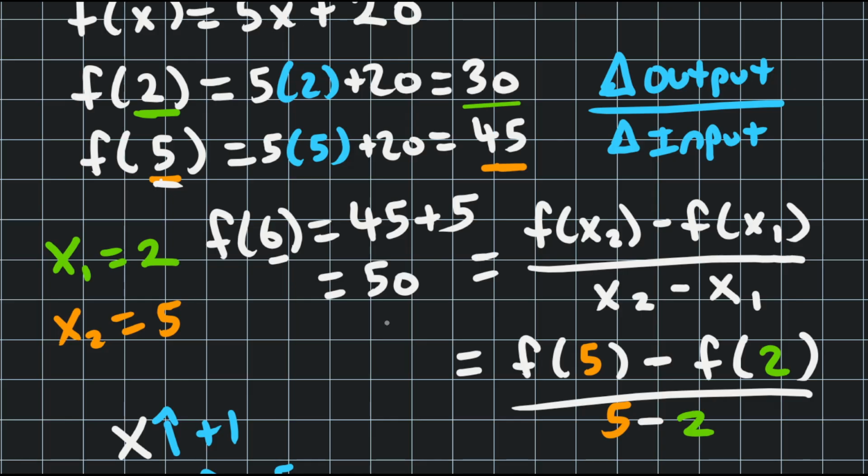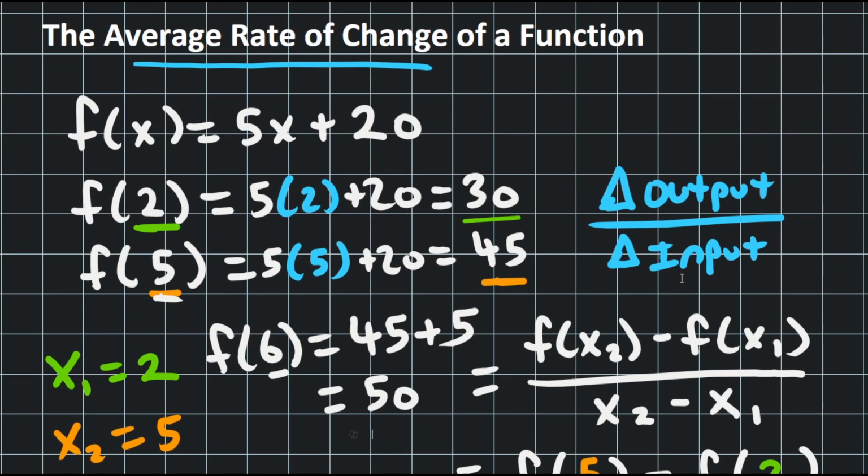And f of 6 actually is 50. So that's what the average rate of change of a function is supposed to represent. And in fact, for this function f of x, no matter where the x values are, the rate of change will always be 5.